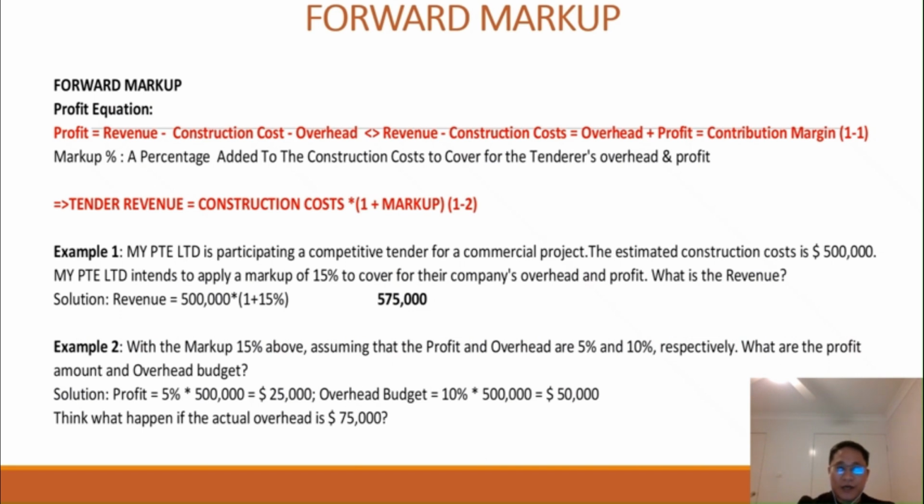The profit is 5% times construction cost, and the overhead budget is 10% times 500,000, which is equal to 50,000. And we may ask, what happens if the actual overhead is not 50,000 but is 75,000?